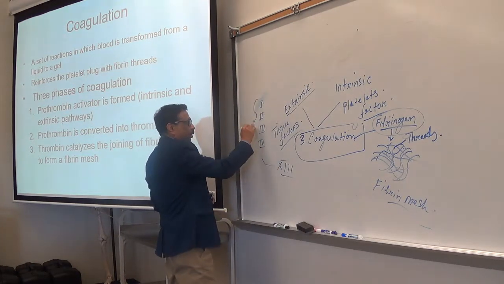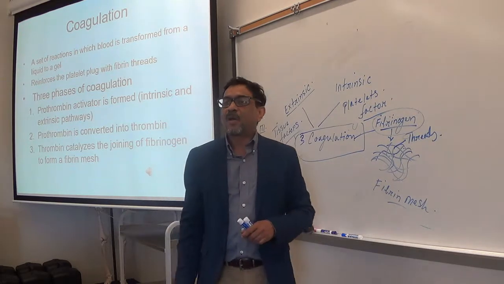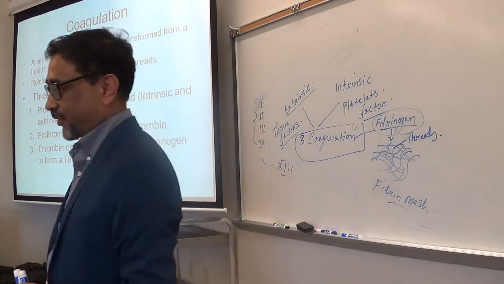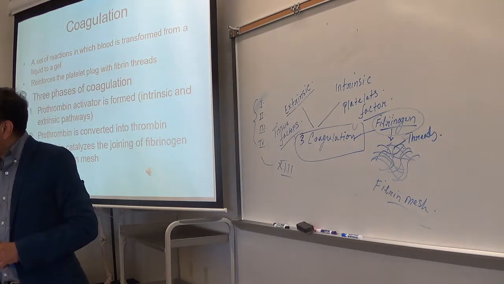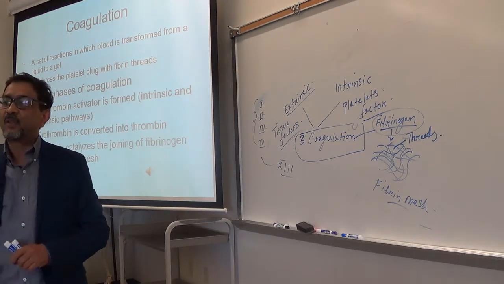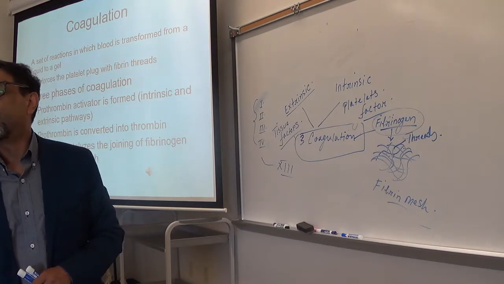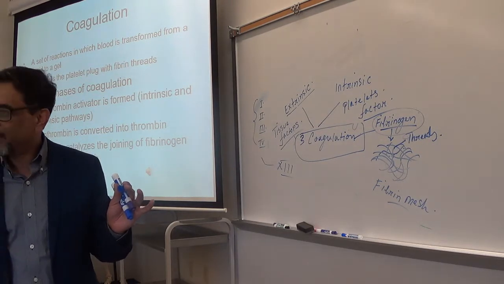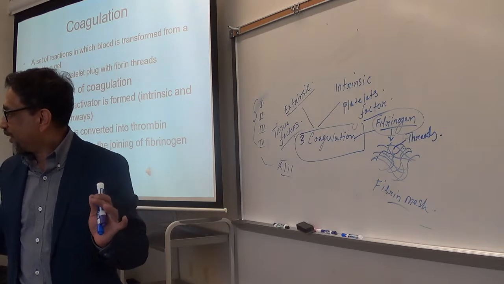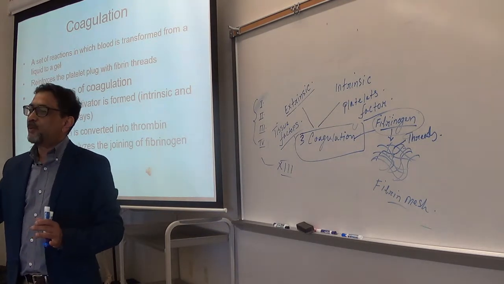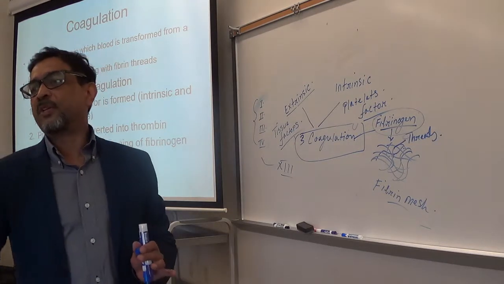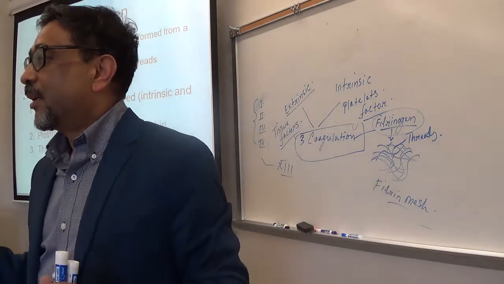The first 4, 1, 2, 3, 4, are called the essential factors. That means those 4 must be present to form the clot. Is it clear? Without any of those 4, blood coagulation or clot will not occur.